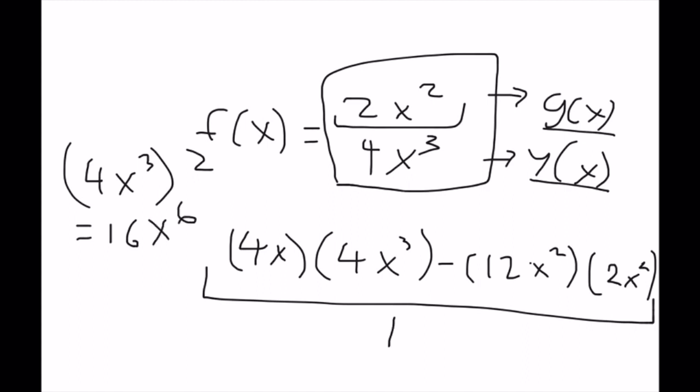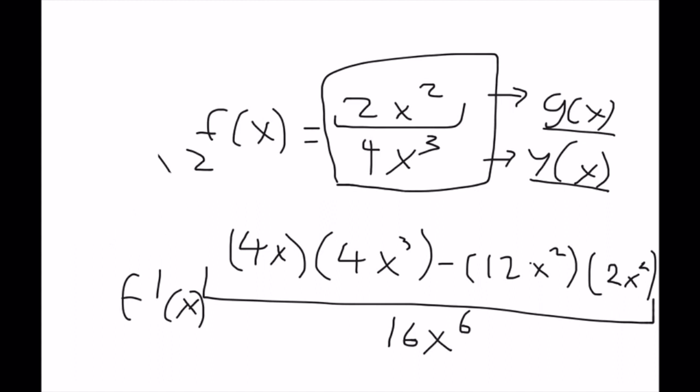That's just normal algebra, so 16x to the power of 6. So f prime of x in this scenario is equal to 4x times 4x cubed. So yeah, that's messy, but 4x times 4x cubed minus 12x squared times 2x squared over 16x to the power of 6.